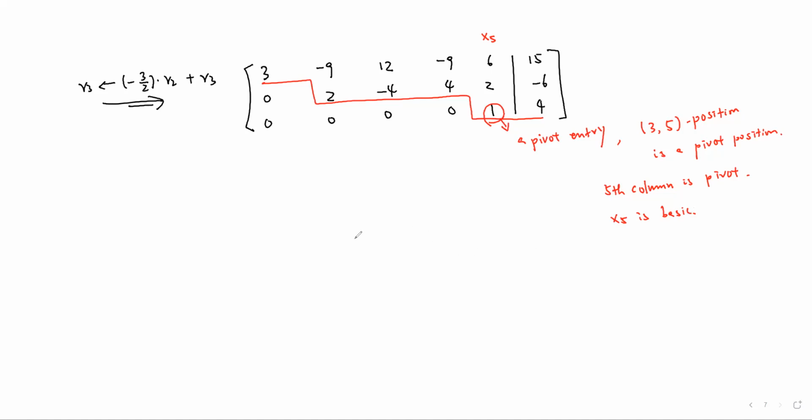I'm done with forward elimination. Then take a look at the bottom non-zero row.